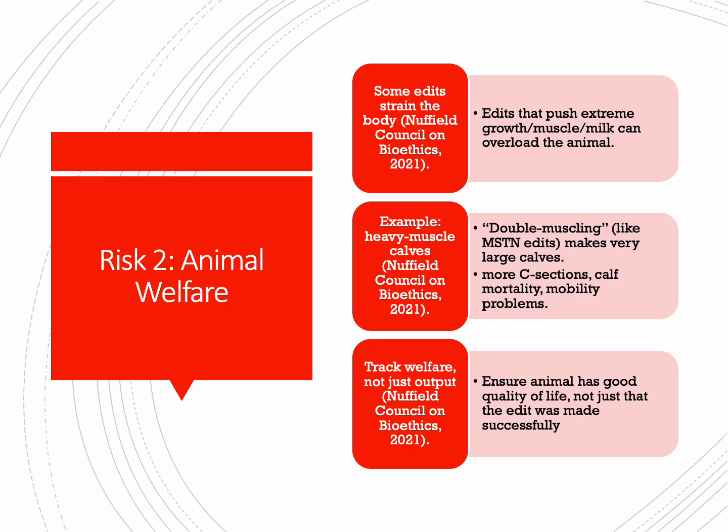In order to combat this, we would have to track welfare and not just care about the output of the gene. We have to ensure that the animal has a good quality of life, not just that the edit was made successfully, because it still has to be ethically correct in order for the gene edit to be approved.